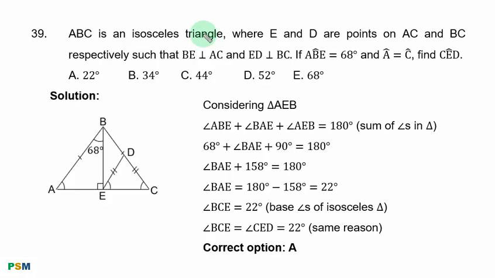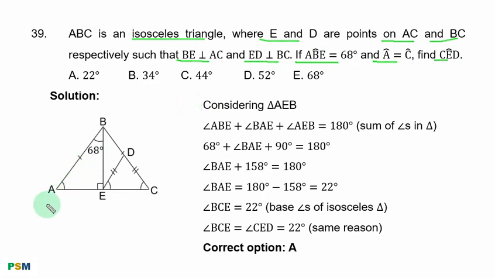Question 39. ABC is an isosceles triangle where E and D are points on AC and BC respectively, such that BE is perpendicular to AC and ED perpendicular to BC. If angle ABE equal to 68 degrees and angle A equal to angle C, find angle CED.